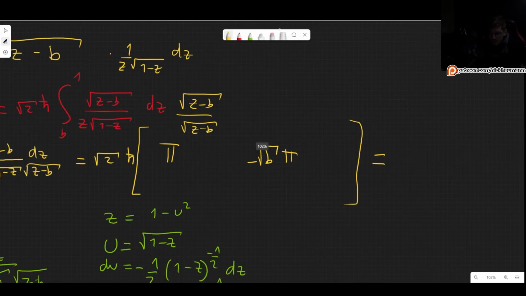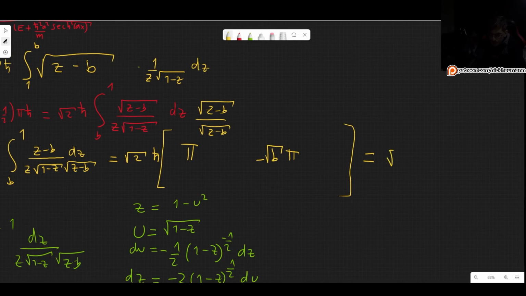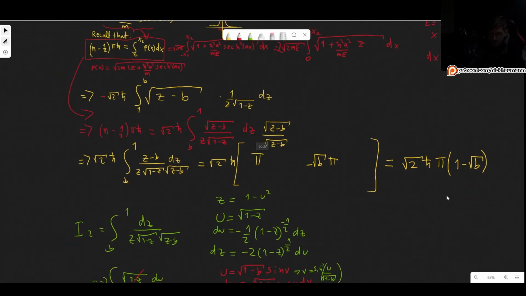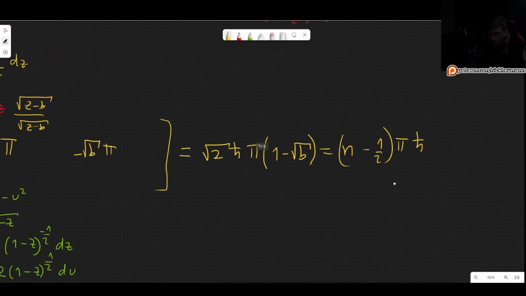So by doing this, one last step, we can factor out the square root of 2 h bar, we factor out pi, and we get a factor of 1 minus the square root of b. And of course, this entire thing is equal to n minus 1/2 times pi h bar. So here the pi h bars cancel out, and we are left with this expression right here.